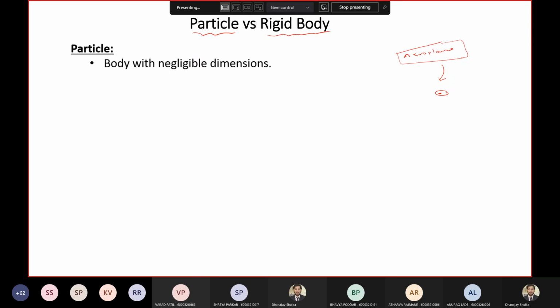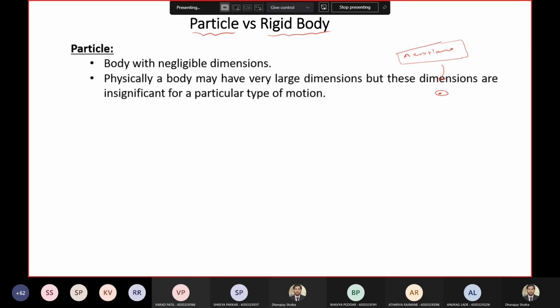That particular idealization is referred to as a particle. A particle is basically a body with negligible dimensions. Physically a body may have very large dimensions, like the aeroplane example I gave, whose dimensions are large and considerable, but these dimensions are insignificant for a particular type of motion, and only then will this assumption hold true. So that comes under particle.